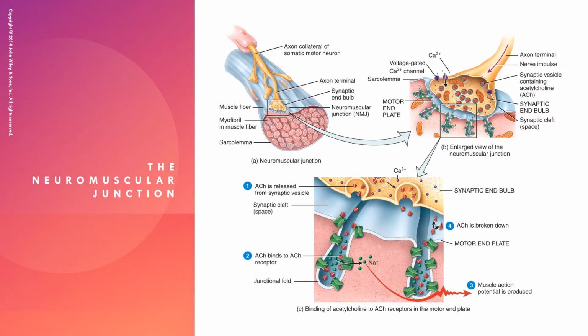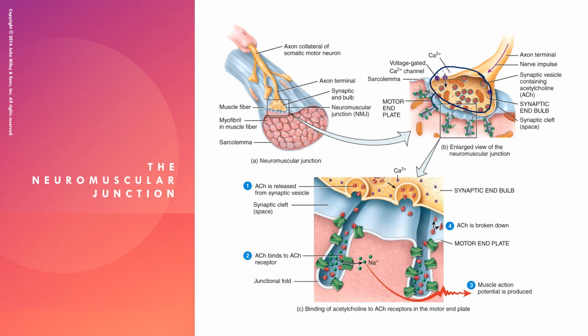So first off, we're going to talk about the definition of a synapse. A synapse is a region where communication occurs between two neurons or between a neuron and a target cell, in this case, a muscle fiber. A synapse always includes the neuron axon end bulb.